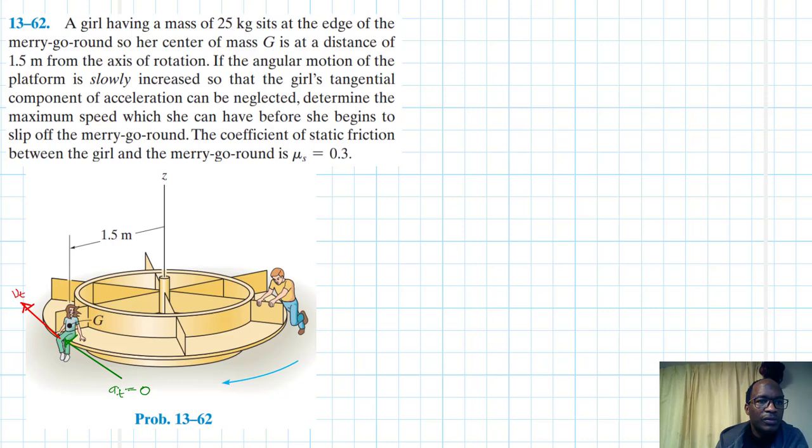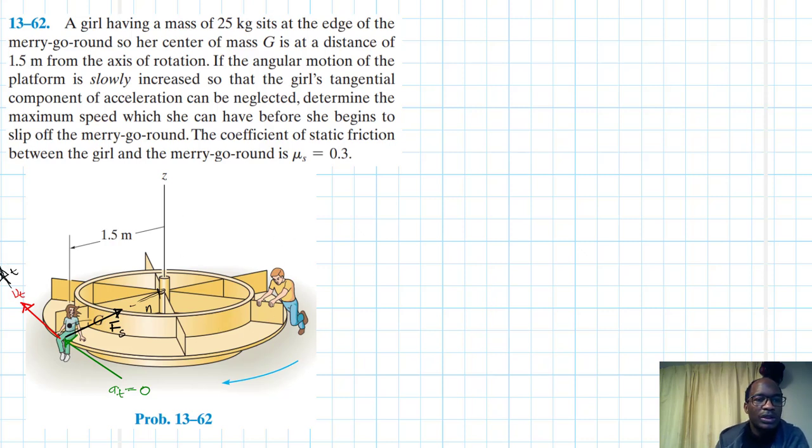Then in that direction, that axis, we have our Fs, to prevent this girl from falling off. This one is our n-axis, and this one is our t-axis.